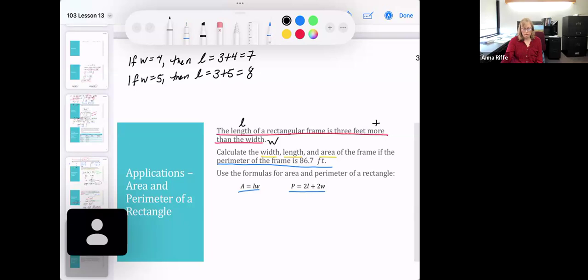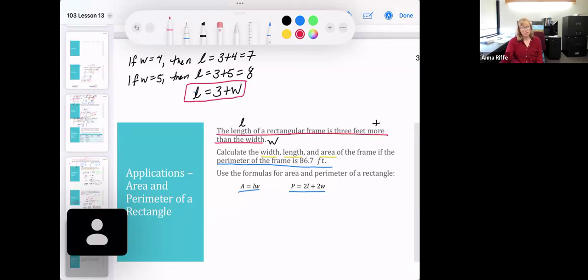So we might say that if the width is W, then the length L is equal to 3 feet plus W. That's how I could interpret that sentence at first.